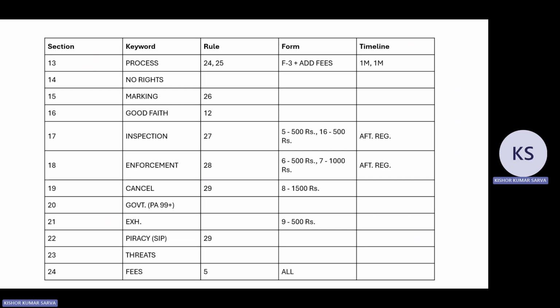So we need to make sure that a lapse does not happen. Because damages are not covered under section 14 for the period when the design has lapsed. Okay. I think the rest I will talk about in the next video.